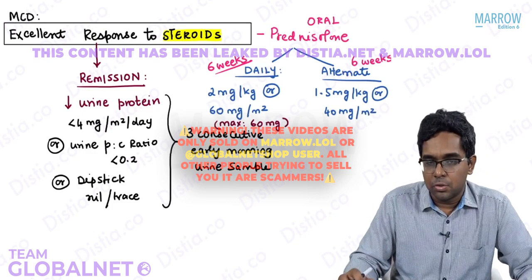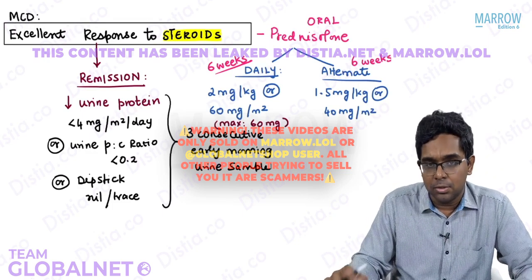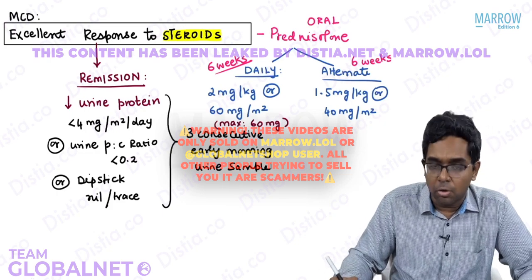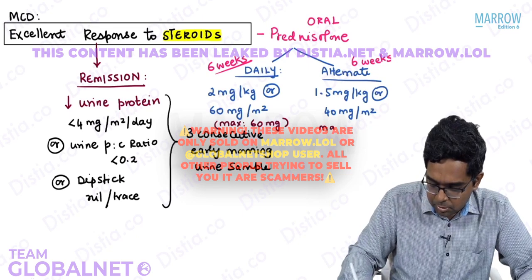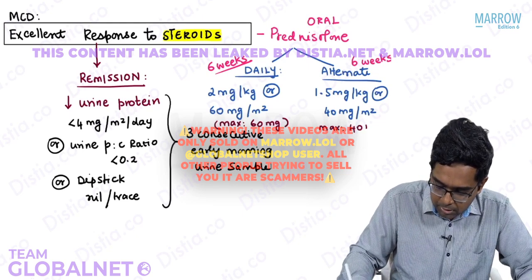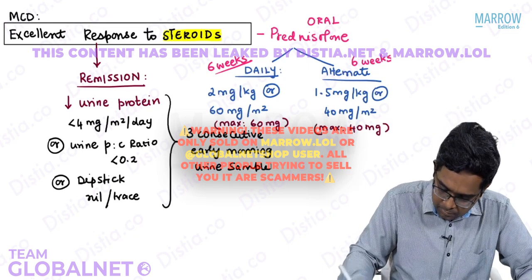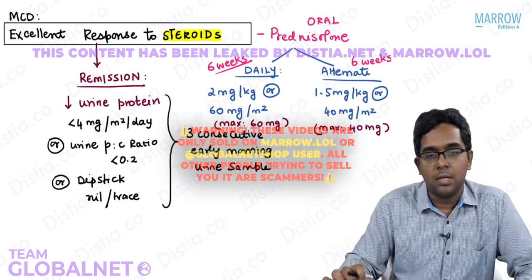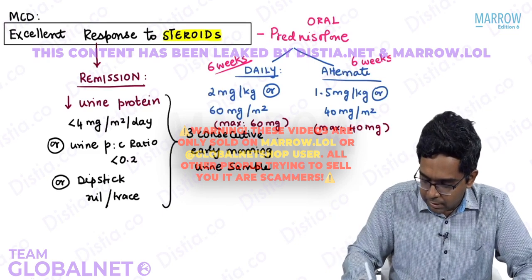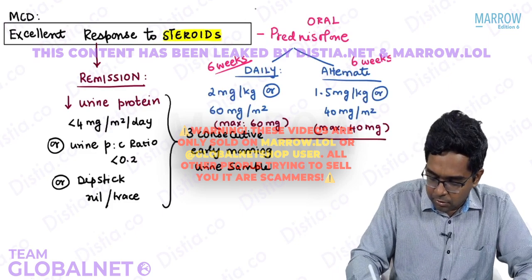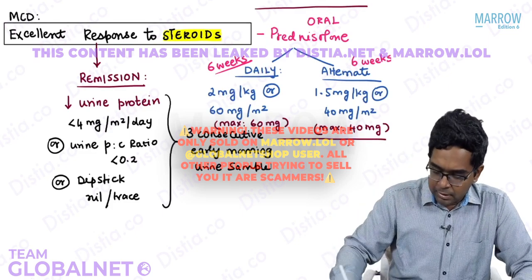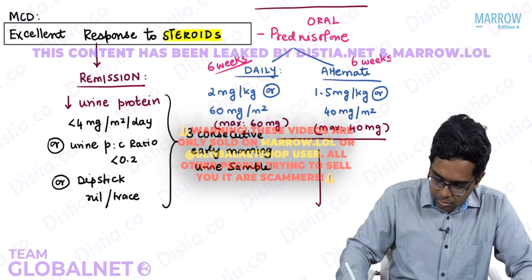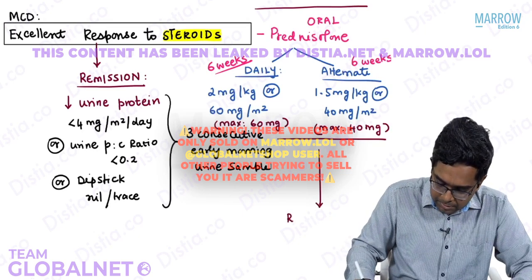And this dose is usually given as a single dose, usually in the morning time. And for alternate day steroids, the maximum dosage is 40 milligrams per day. So this is how you are going to treat a child with nephrotic syndrome. Now remember this point, a typical course of nephrotic syndrome is characterized by relapses.